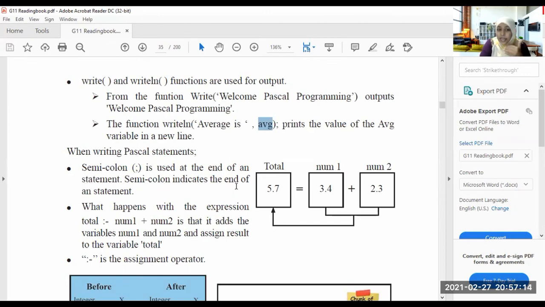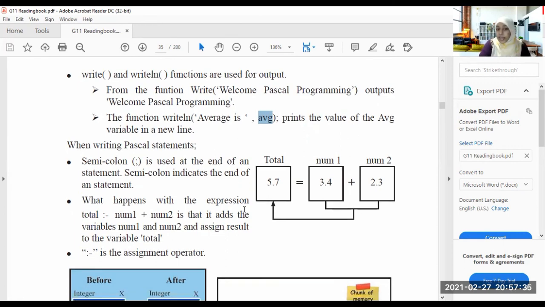Semicolon indicates the end of a statement. So you are telling statements, you are telling instructions, right, to the program. Do this, after that do this, after that do this. So I am telling the instruction. So each statement when you finish, the semicolon is a must.